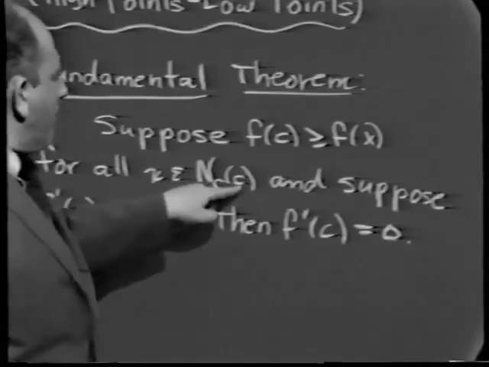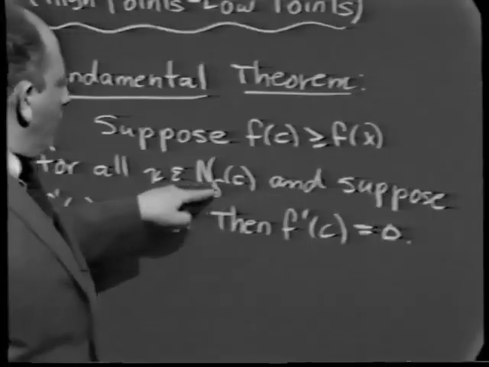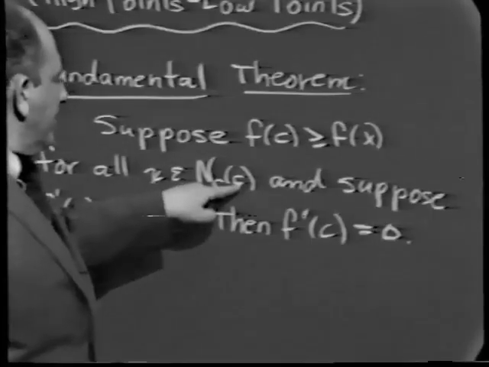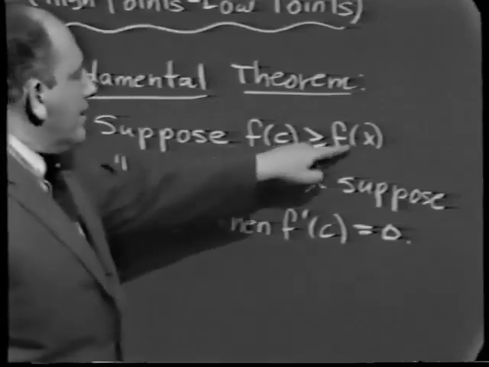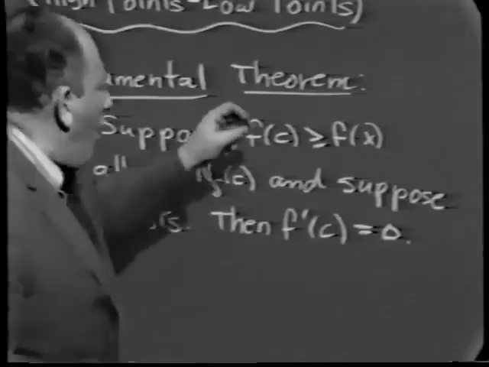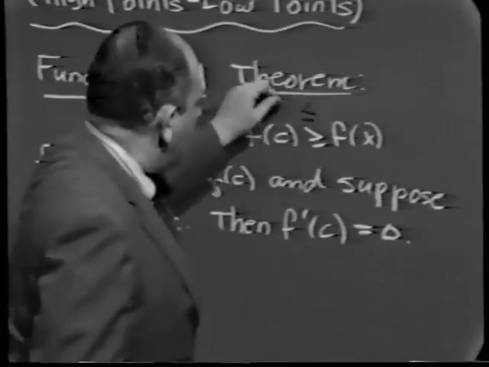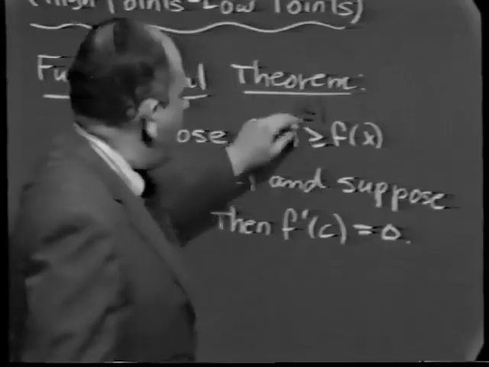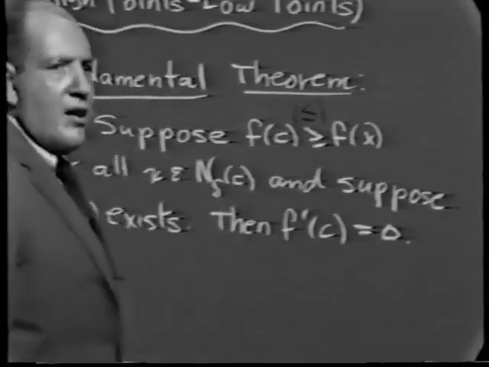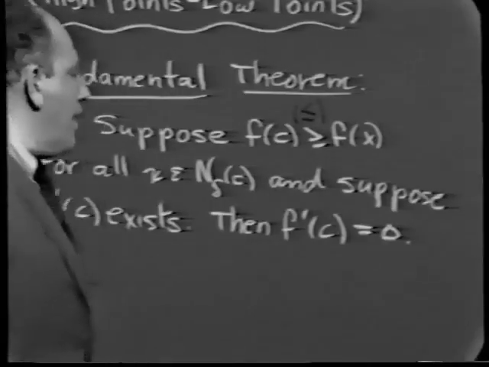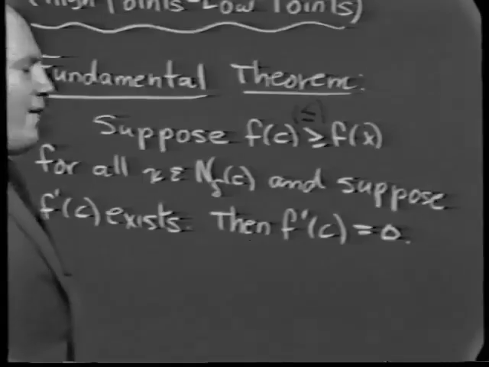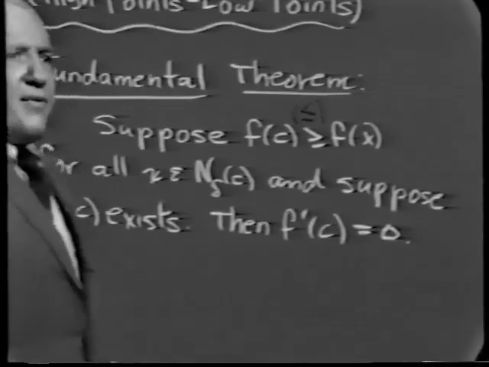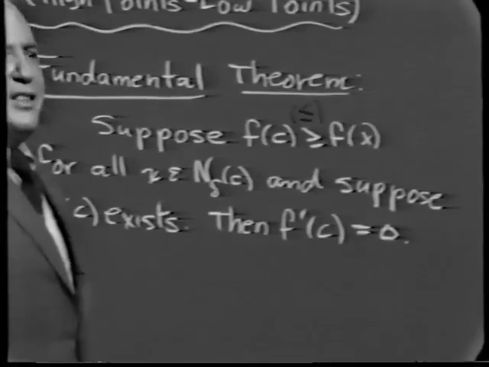In other words, we have some open interval of width delta surrounding c, and for all x in that neighborhood, f of c is at least as great as f of x. Or equivalently, it might be that f of c is less than or equal to f of x for all x in this neighborhood. And suppose also that f prime of c exists. Then the theorem says f prime of c in this case must be 0.